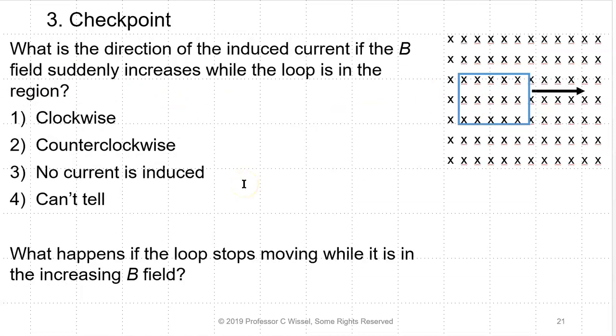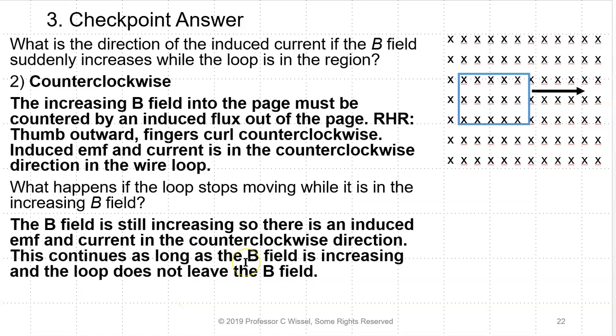What is the direction of the induced current if the magnetic field suddenly increases while the loop is in the region? What happens if the loop stops moving when it's in the increasing field? There's not going to be any difference between this and that. So basically it would be the same question. It's going to be counterclockwise. The increasing magnetic field into the page must be countered by an induced flux out of the page.